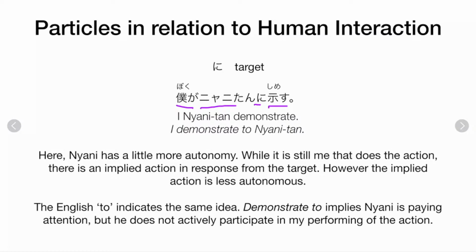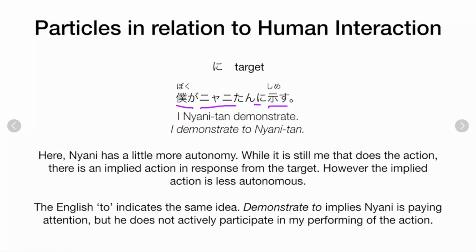I can't just demonstrate to an inanimate object because the idea of demonstration is that it is for someone to understand what I'm doing, right? So Nyani has some autonomy, but it's still primarily me doing the action, right? Nyani is just passively receiving the action, but I'm the one that's actually doing most of the stuff.